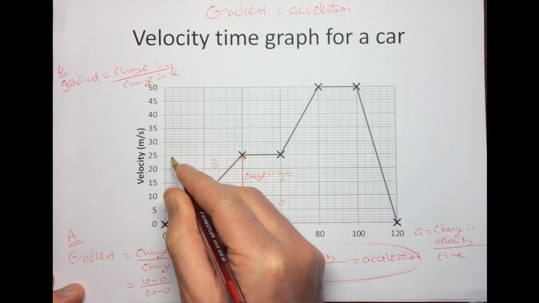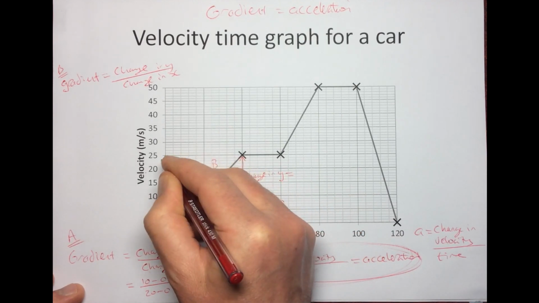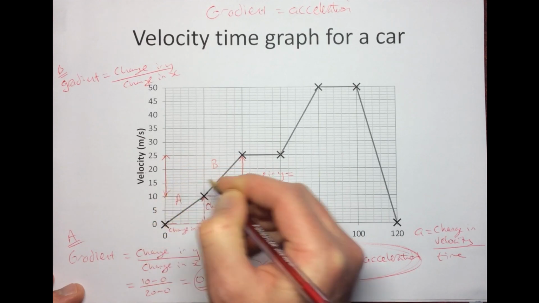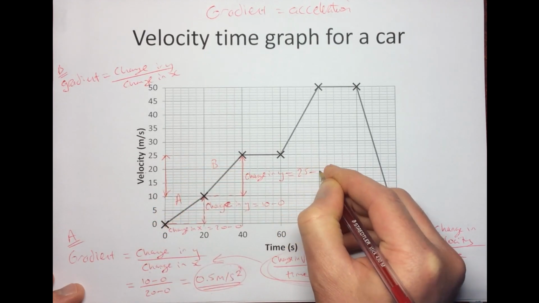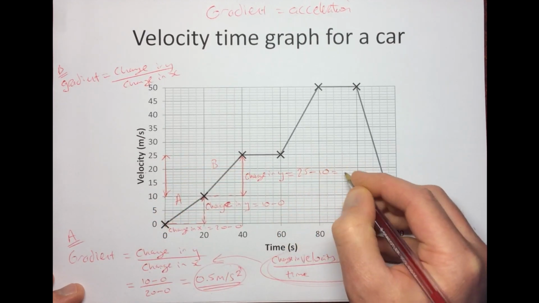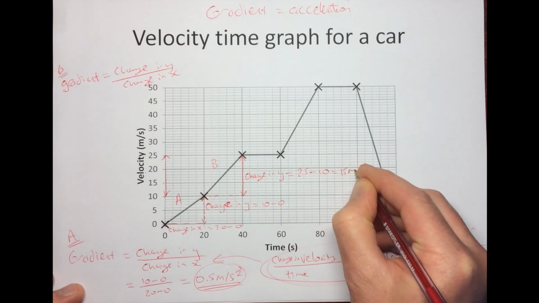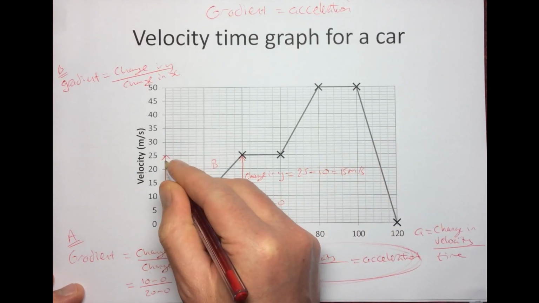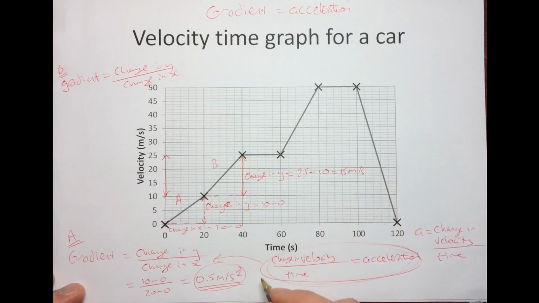At the end of section B, you're at 25 meters per second. So the difference is 25 take away 10, which is equal to 15 meters per second. Your velocity has increased by 15 meters per second in section B.